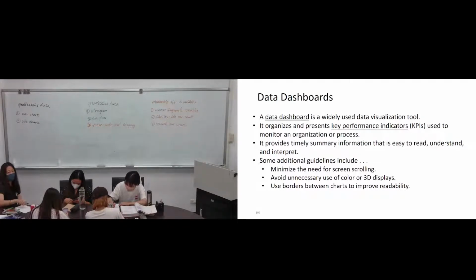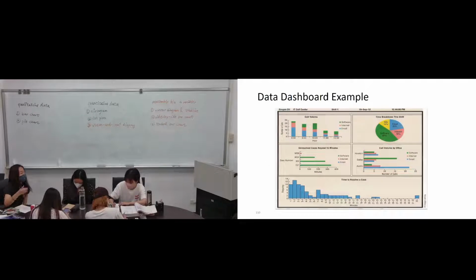A data dashboard is also a data visualization tool. It organizes and presents the key performance indicators that can help us to monitor an organization or process. So this is a data dashboard example.